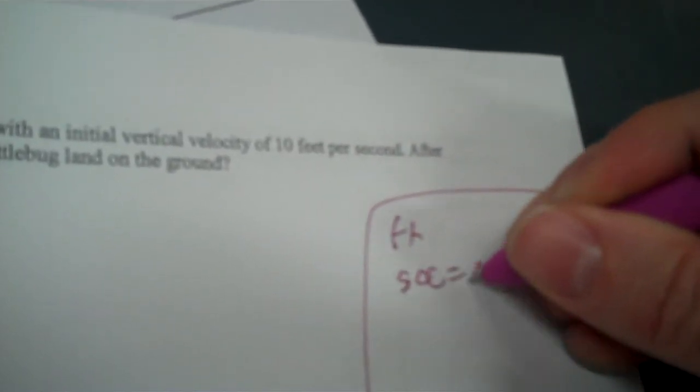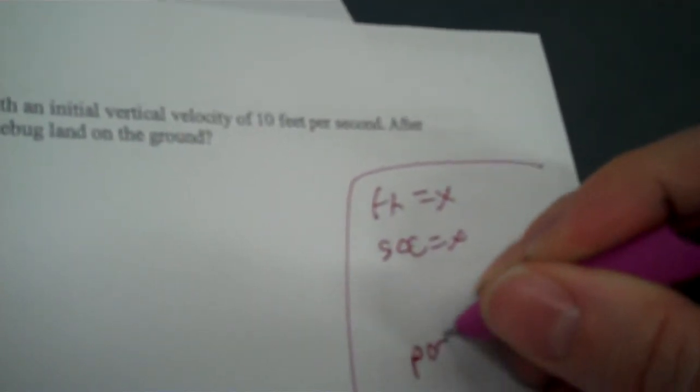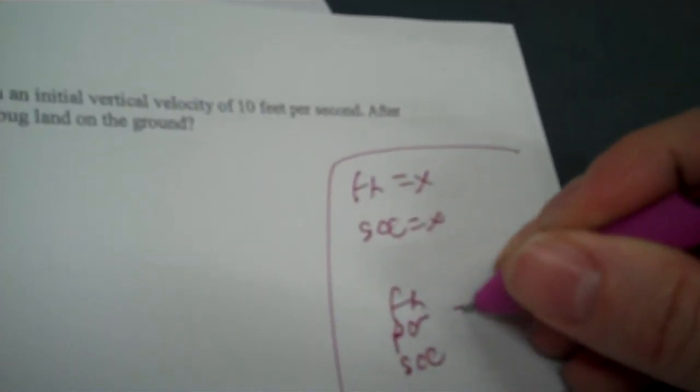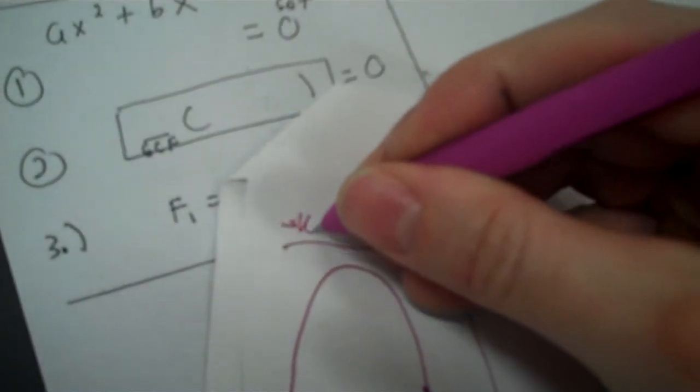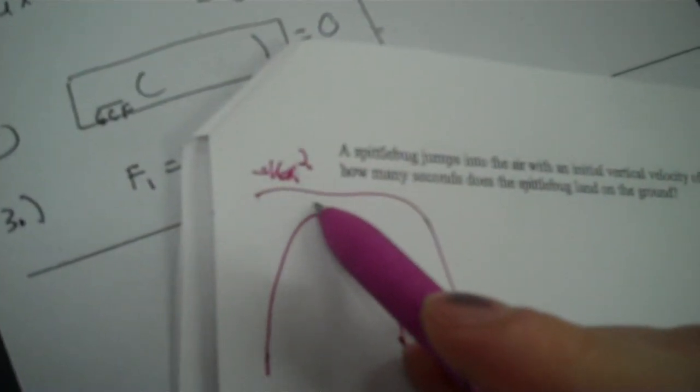So again, you're finding the seconds on all these problems. And you've got feet and seconds. Seconds is x, feet is y. So feet per second is 10. It goes up, but gravity pulls him back down. If you've got gravity, put negative 16x squared. Okay, you will have that in the equation if gravity.